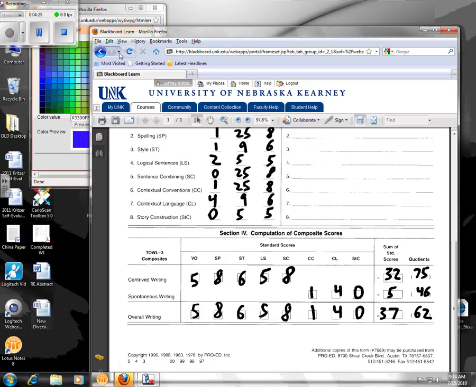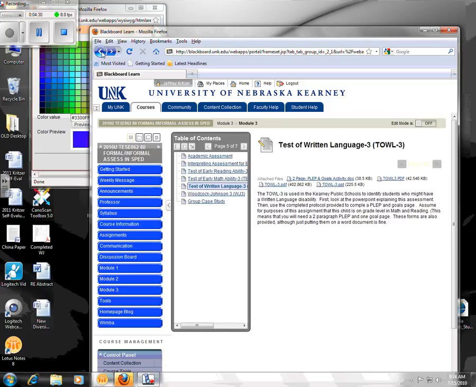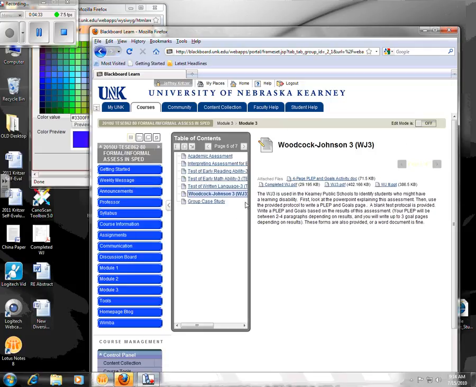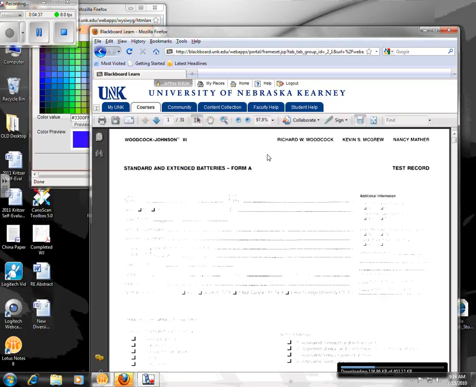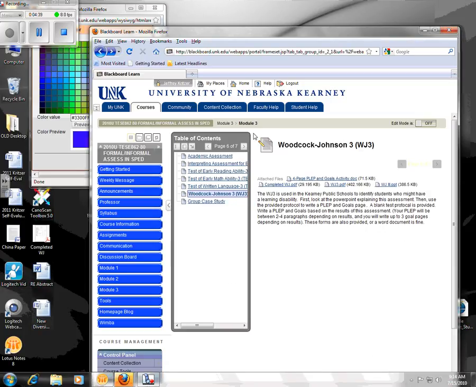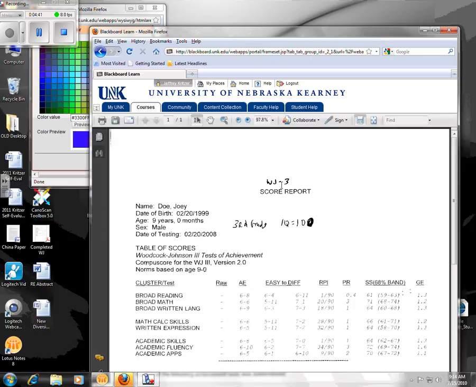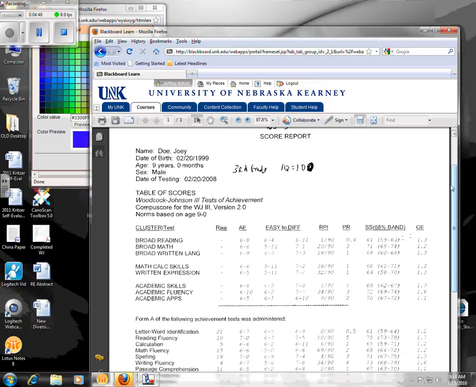And finally, this is the Woodcock-Johnson. The Woodcock-Johnson covers all 3 qualifying areas: reading, math, and written language. Look at broad reading, broad math, and broad written language.